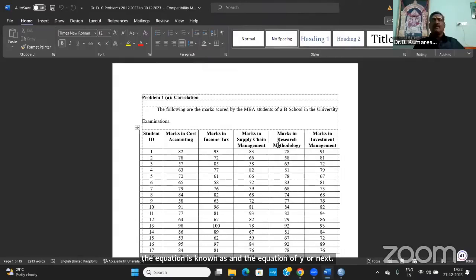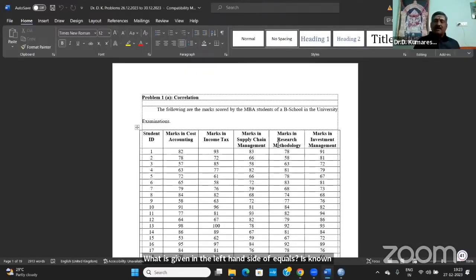Regression equation of Y on X. What is the equation? Y equal to A plus Bx. So X is on the right hand side of the equal sign, and on the left hand side, Y. What is on the left hand side of the equal sign is known as the dependent variable.